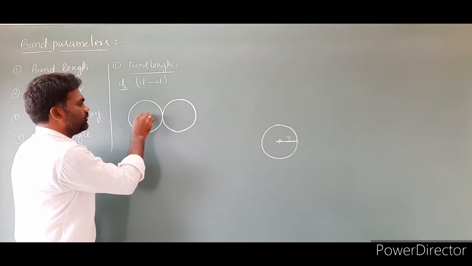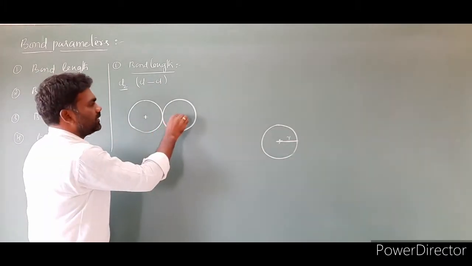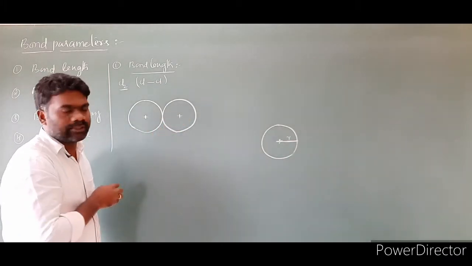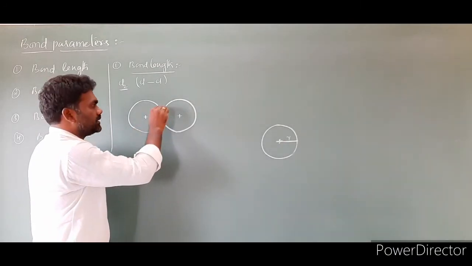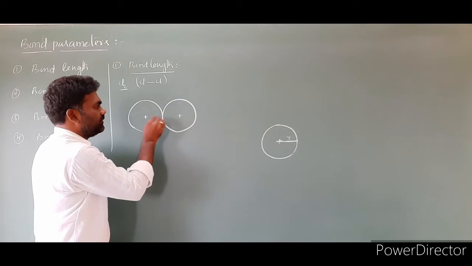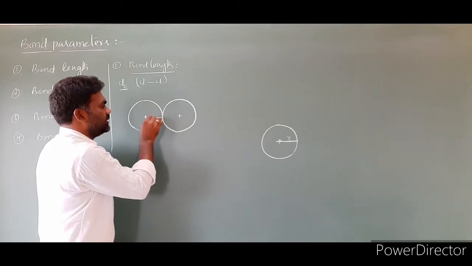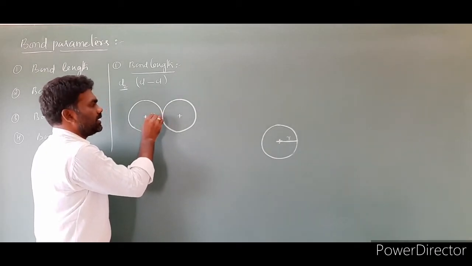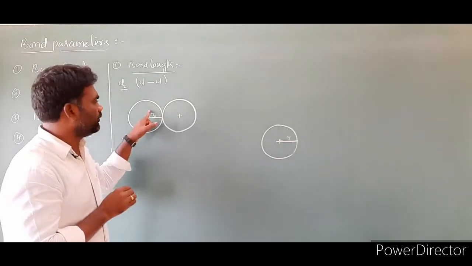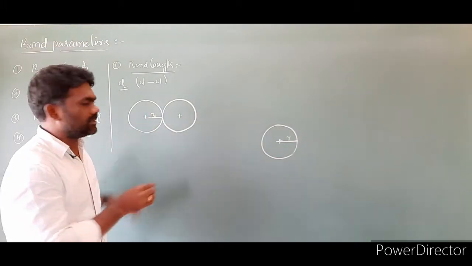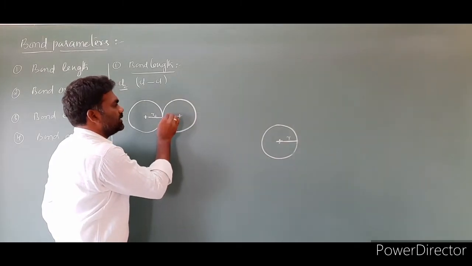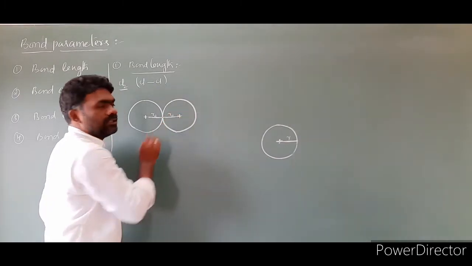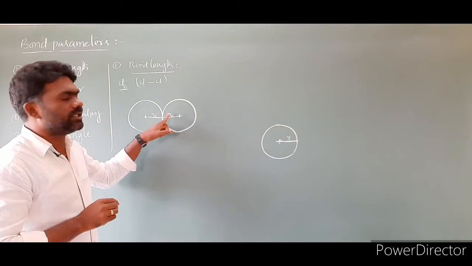This is the nucleus of one chlorine, and this is the nucleus of another chlorine. From the nucleus to the outermost energy level where the electron is located, this distance we label as RCl, the radius of one chlorine atom. The same holds for the other chlorine atom.